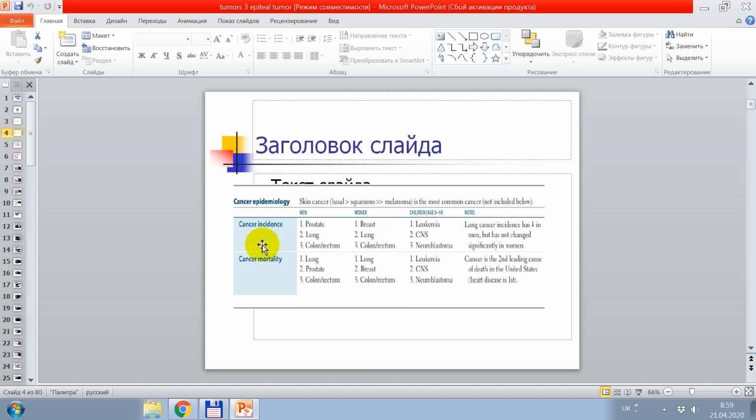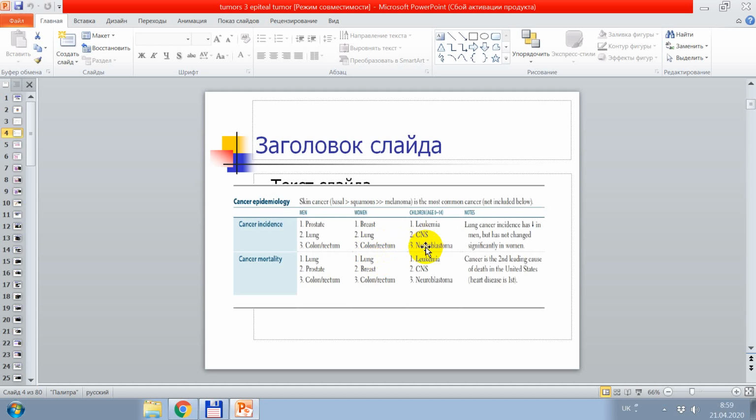Also, cancer incidence in men: in first place prostate, second lung, third colon and rectum. In women, first place breast, second lung, and third colon and rectum.